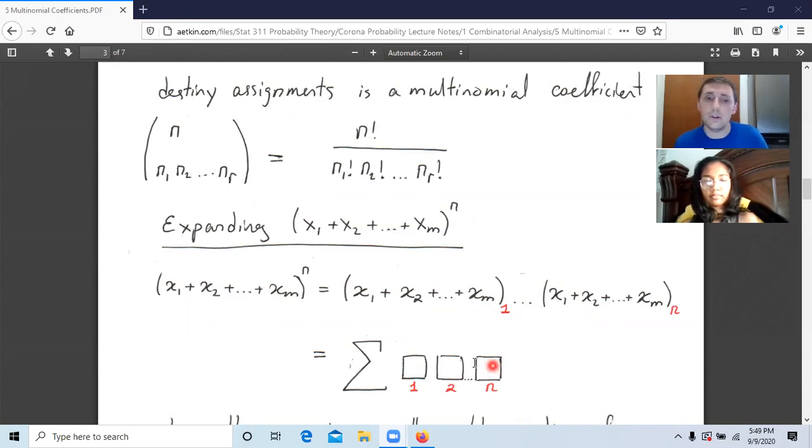Good? So when I expand this, I realize that I always have a product and I have a summation of those products, and each of those terms that I'm adding, each of the summands, contains exactly one term from parenthesis 1, exactly one term from parenthesis number 2, and so on, exactly one term from parenthesis number n. Yes?